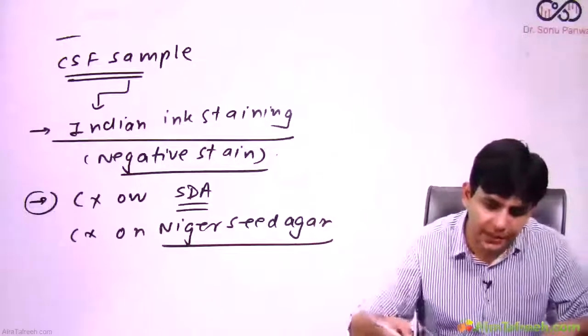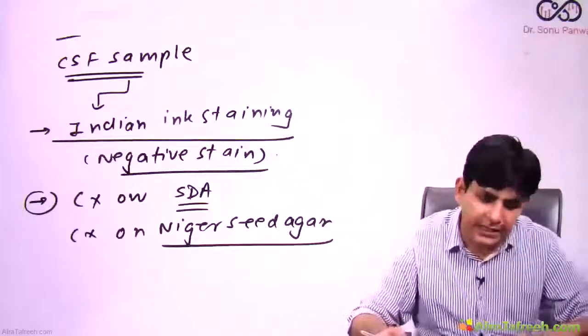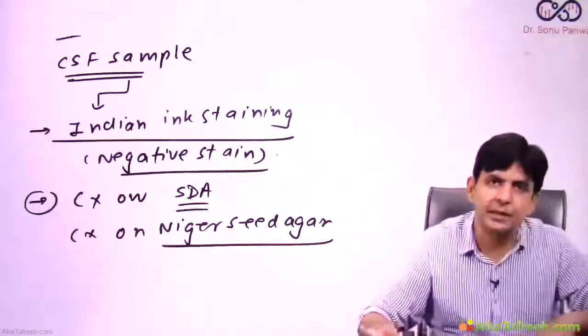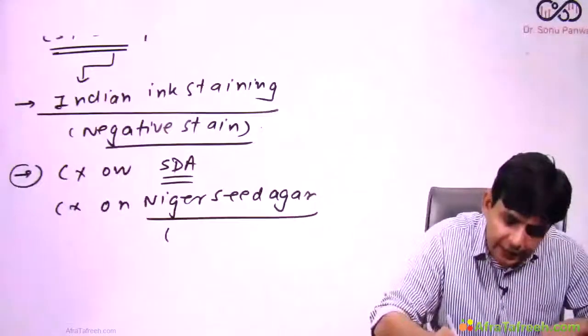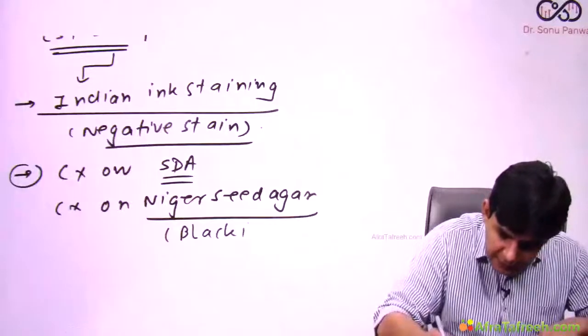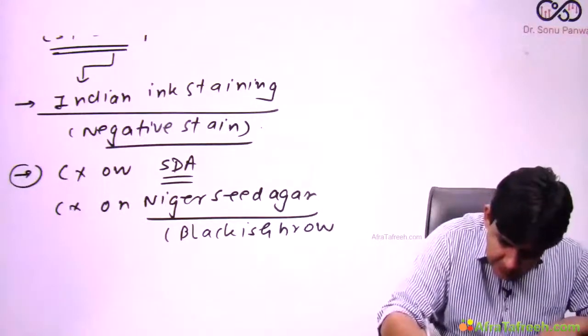Remember this also, that you can culture it on SDA and on Niger seed agar. Niger seed agar produces black, or in fact blackish brown colonies.